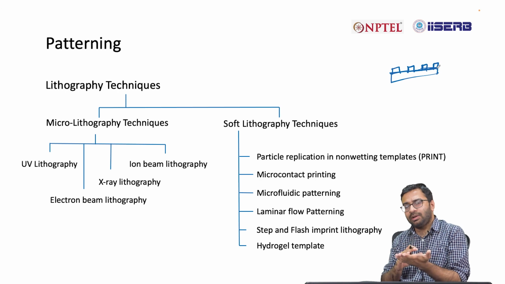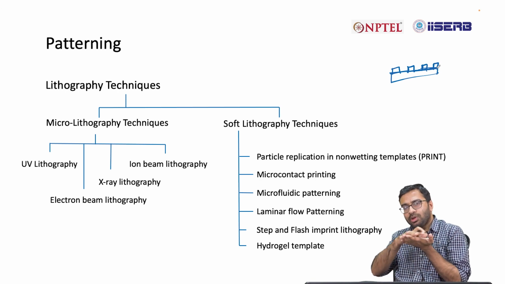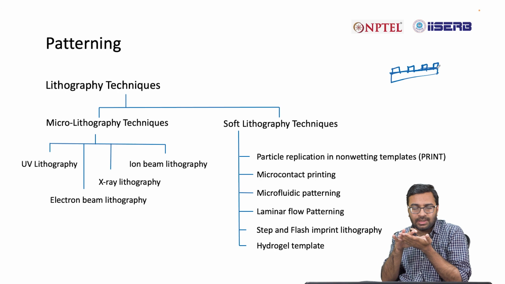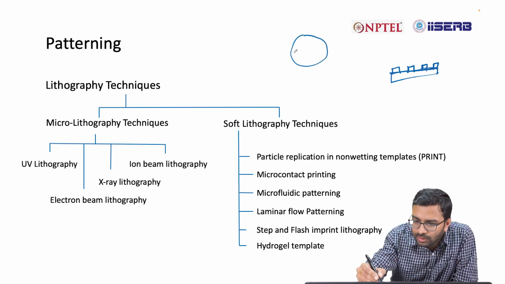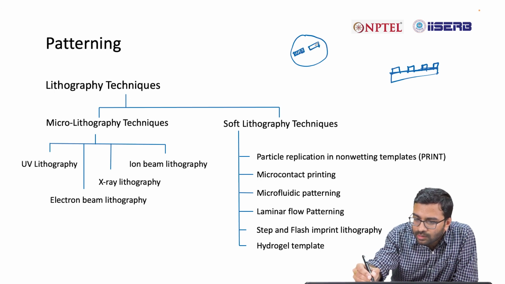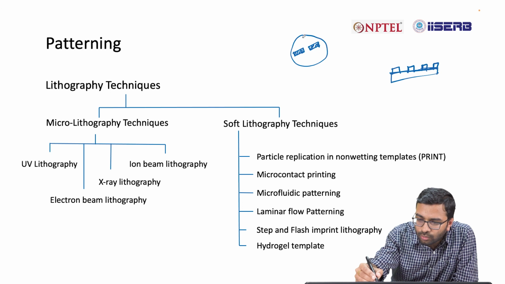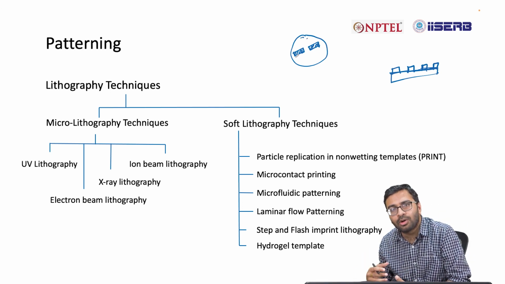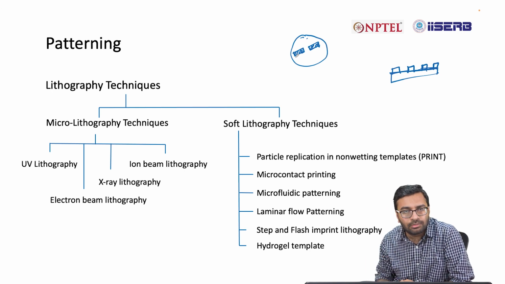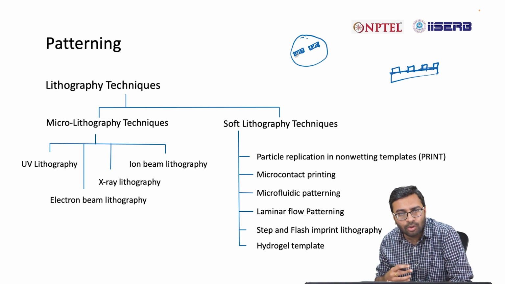You put the wafer and throughout the wafer the material will be deposited, but that is not the situation in practice. Say in a wafer you need 2 electrodes like this. You don't want the entire wafer to get deposited. If it is deposited with a metal or with any other material, then it's very difficult to make a sensor or a device out of it.